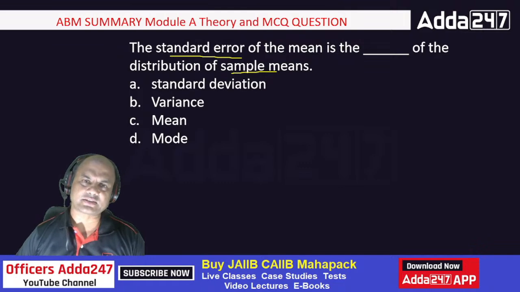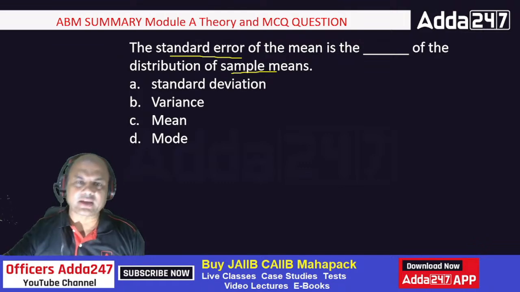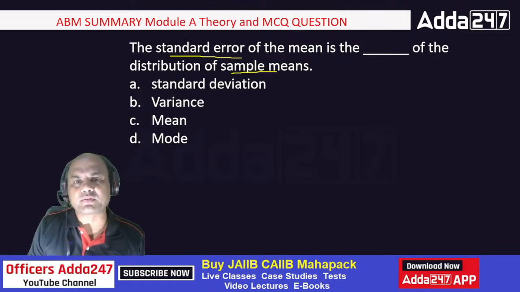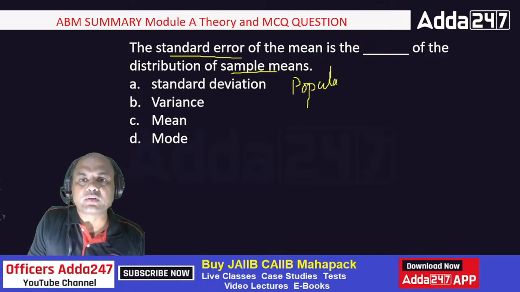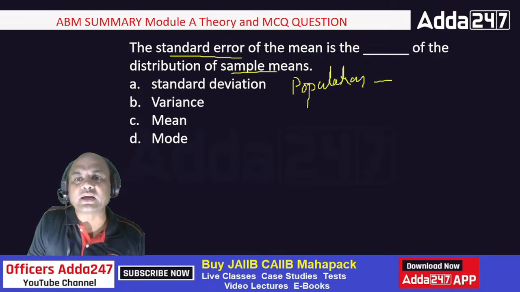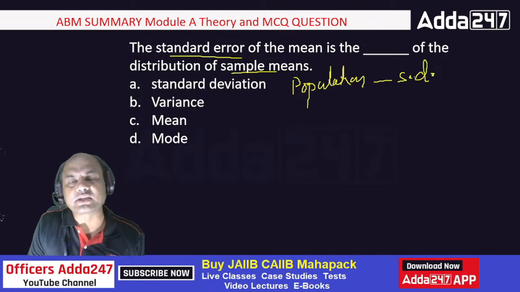What is this dash? I'll again give you one thumb rule which you must remember. For population, we always use the word standard deviation.